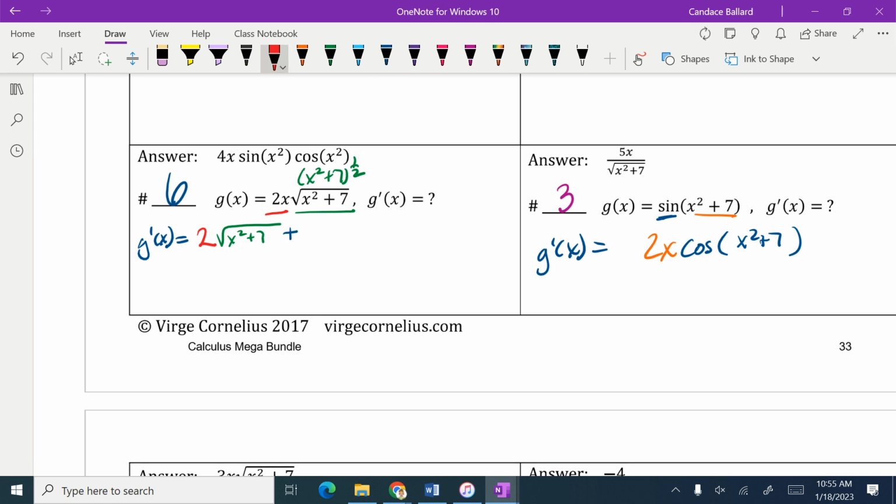Addition. Good. And then we're going to leave the red alone. I got to do the derivative of the green, which is, I'm going to use the 1/2 power. So where's the 1/2 power going to go? In front. So times 1/2 x squared minus or plus 7 to the what power? Negative 1/2.